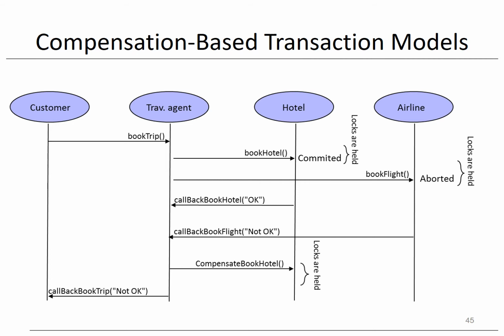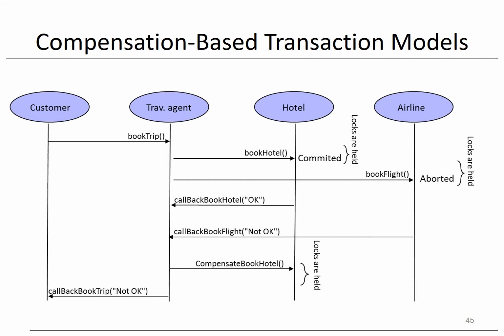Instead, a compensation-based transaction mechanism will require each transaction participant to define its transaction-sensitive operations in pairs, with the second operation specifying a new local transaction that cancels out the effects of the first one, as mentioned before.